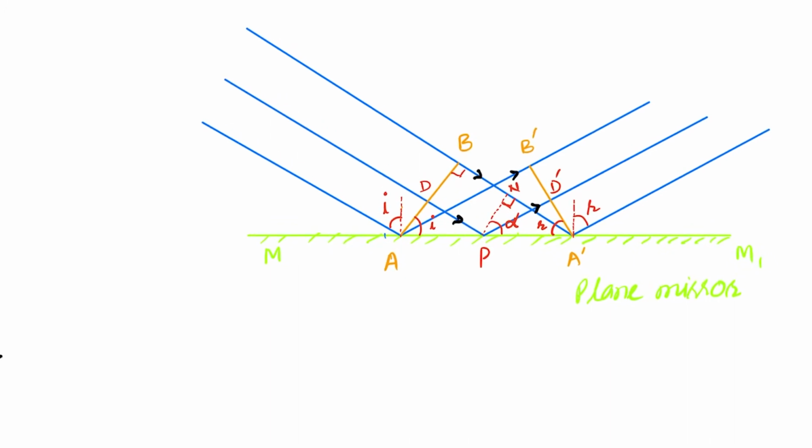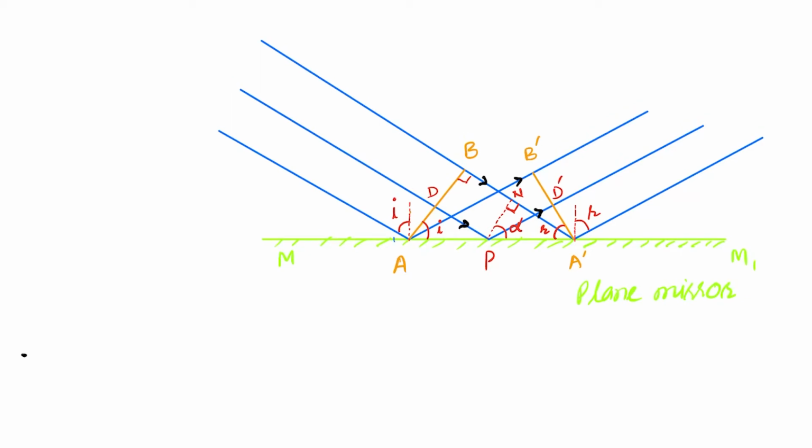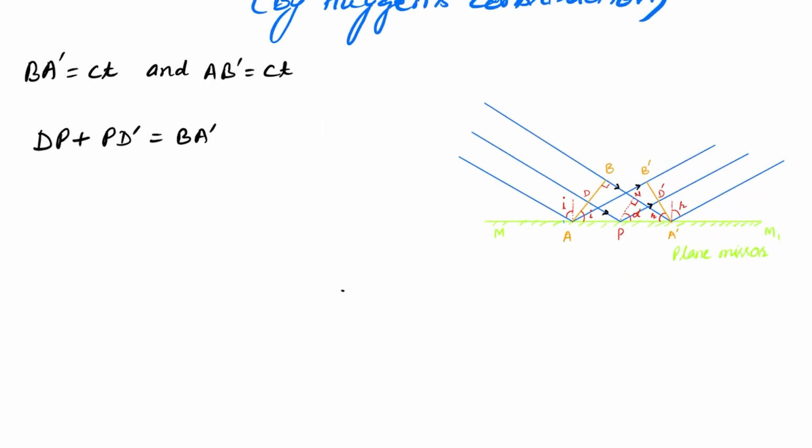Now as PN is perpendicular to BA', so dP is equal to PD'. PN is perpendicular to BA'. Now dP is equal to BN. We can write here that dP is equal to BN. Say this is relation number 1.